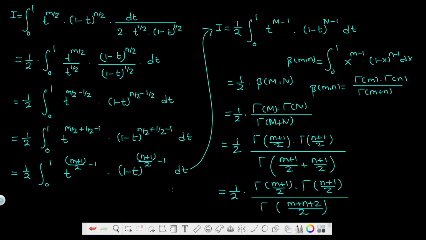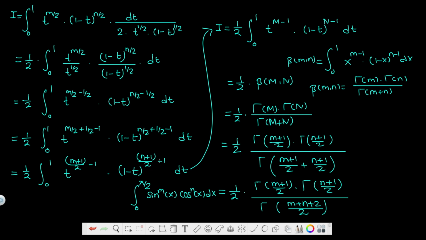So this proves that our integral 0 to pi over 2 sin^m x cos^n x dx equals 1 over 2 times gamma m plus 1 over 2 times gamma n plus 1 over 2 over gamma m plus n plus 2 over 2. So this completes the proof for our first property.